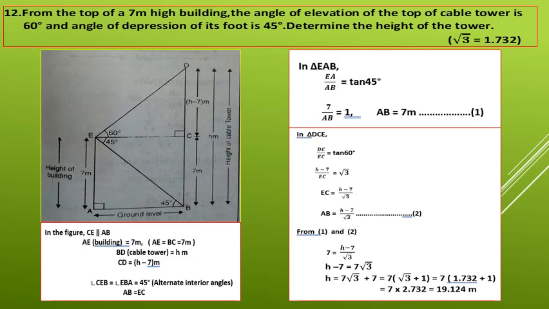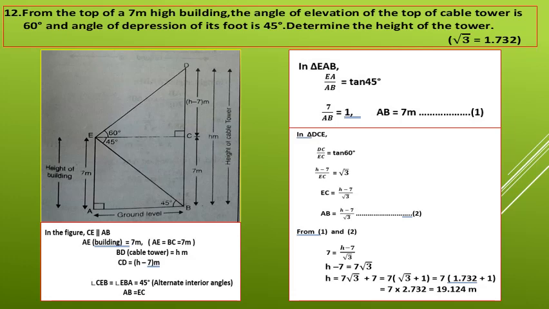In the figure, angle CEB and angle EBA are alternate interior angles. Therefore, angle EBA is equal to 45 degree and AB equal to EC because they are the opposite sides of the rectangle or the parallelogram. It is a parallelogram, but when one of the angle is 90 degree, it becomes a rectangle. So EABC is a rectangle.